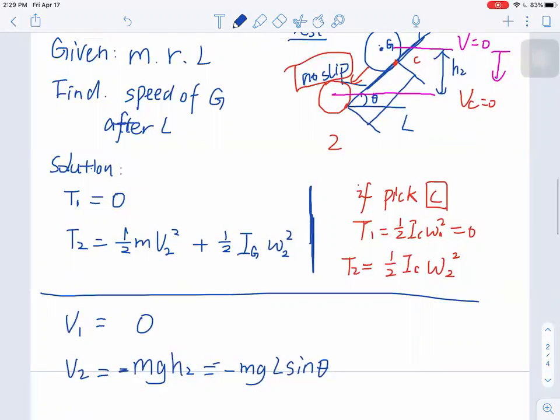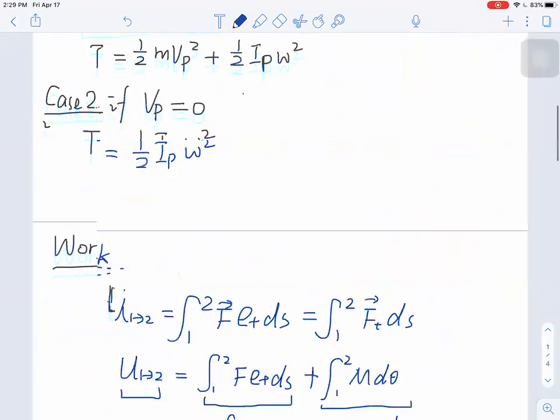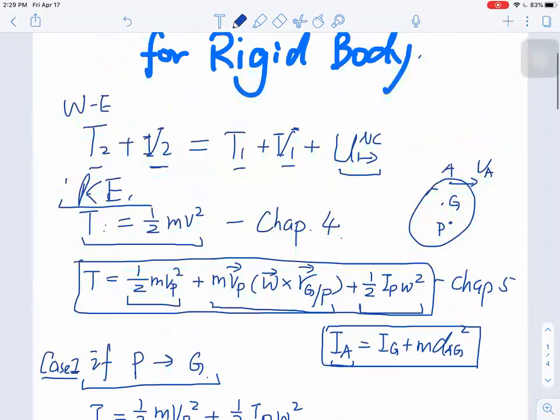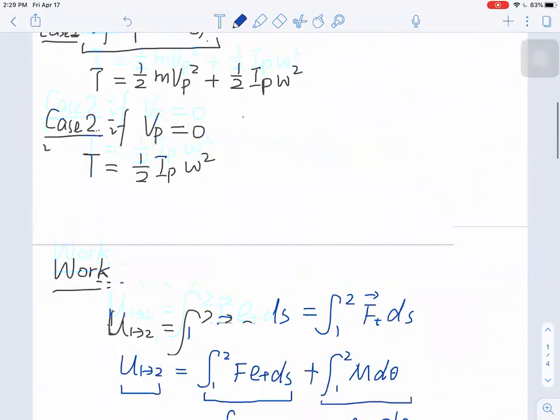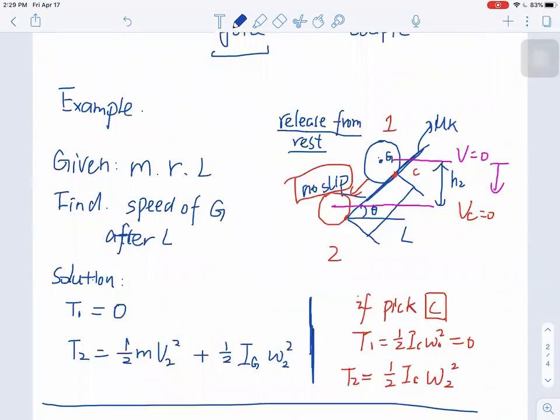Okay, now we have T1, T2, V1, V2. So back to the work energy equation. And we still need to deal with this term here, work done from non-conservative forces. So in this problem, since we have this no slip condition, that tells us there will be friction force at the contact surface, right?